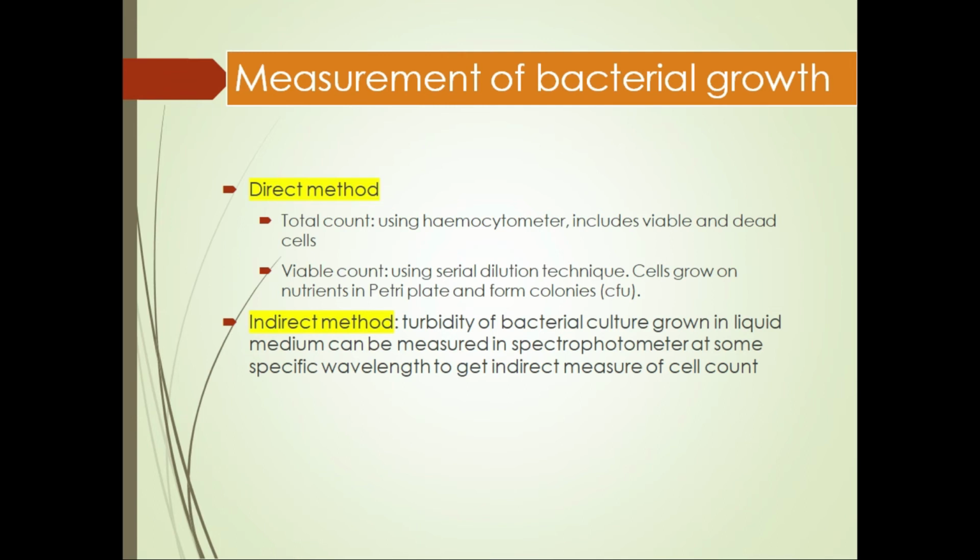When we say total count, it includes both viable and dead cells, because in a bacterial colony, we can have both viable and dead cells mixed together. If there is no autolysis occurring, then the dead cells can also be counted during our total count method.